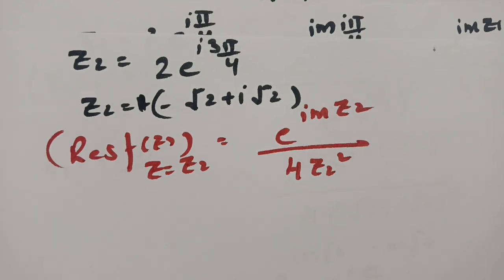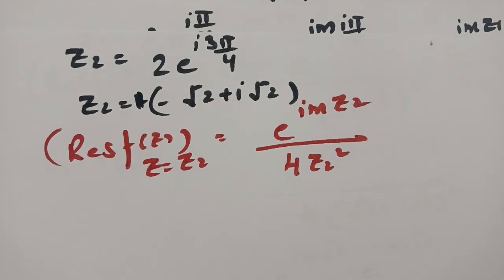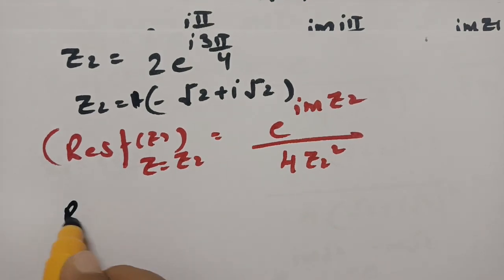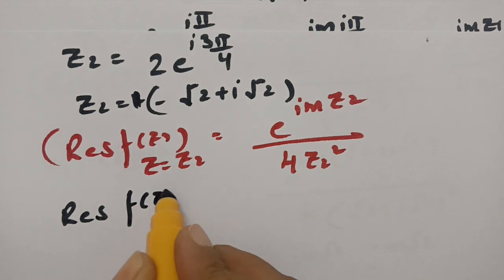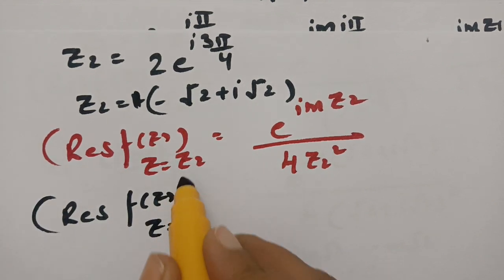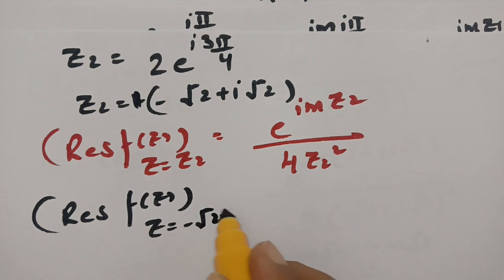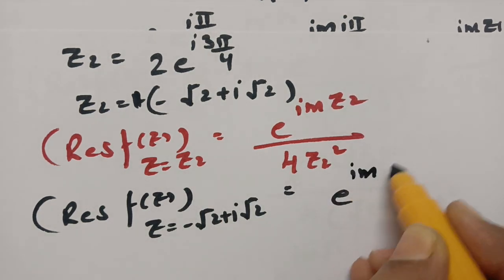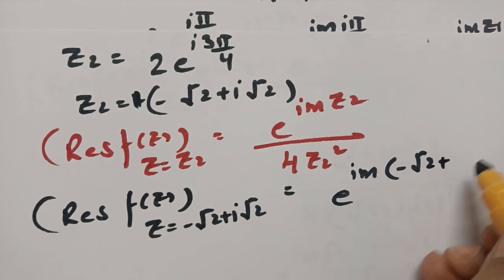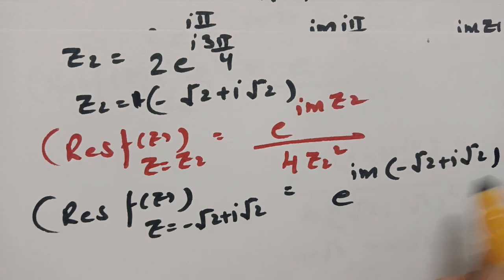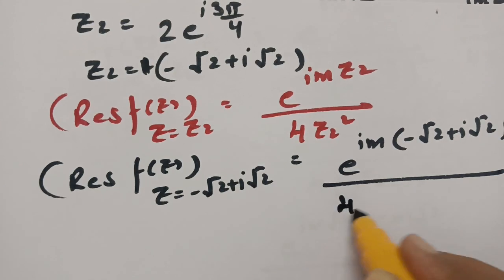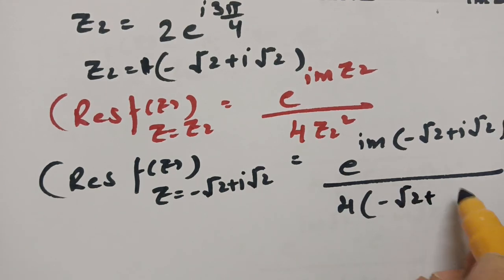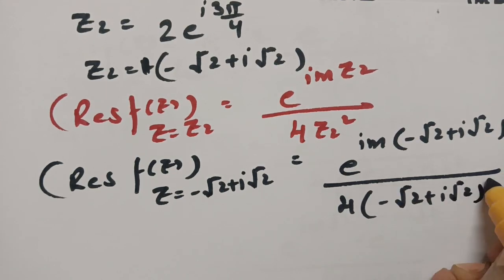Clear? And now we have the z2 value ready here. The residue of f(z) at point z2, what is our z2? Minus √2 plus i√2, is equal to e^(i m times of (minus √2 + i √2)) by 4 times of (minus √2 + i √2) whole square.